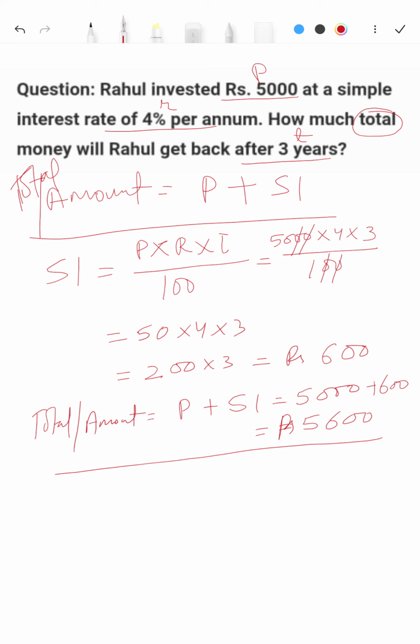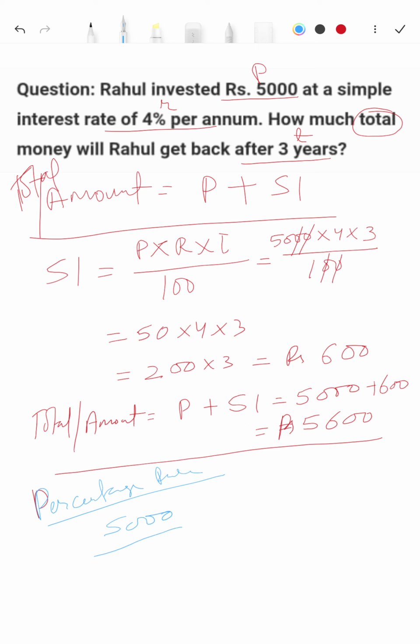Now with the percentage rule, 5,000, you just have to find 4% of 5,000.